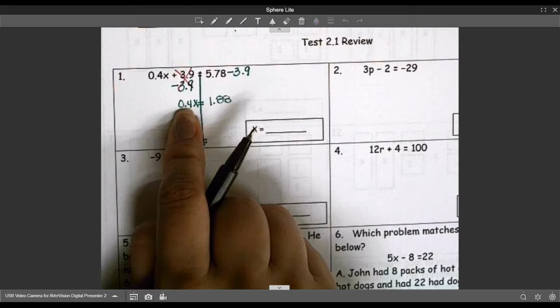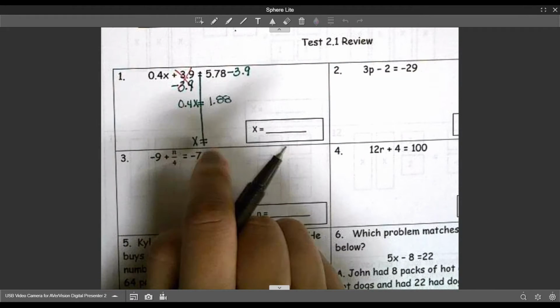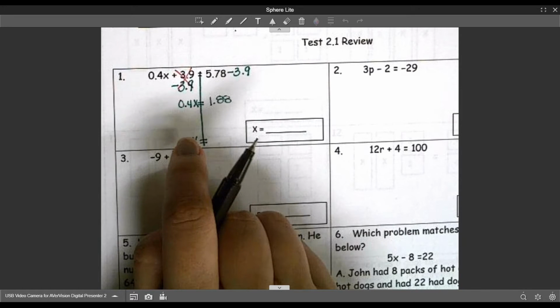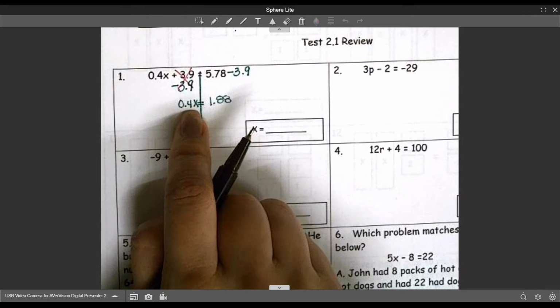Now, when you have a number and a letter together, notice that there's nothing in between the number and the letter. That is because that is considered to be multiplication. What is the opposite of multiplication? Yes, the opposite of multiplication is division.